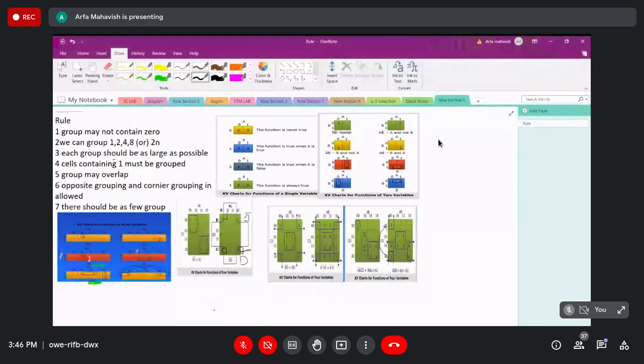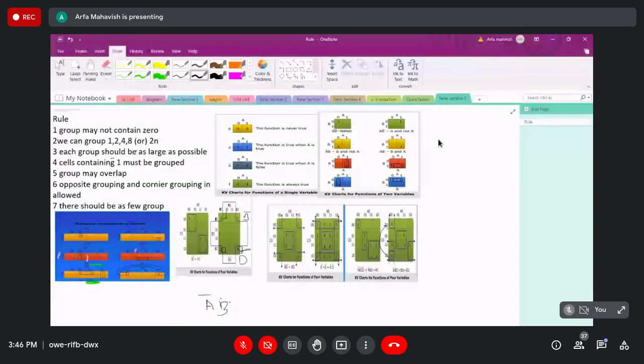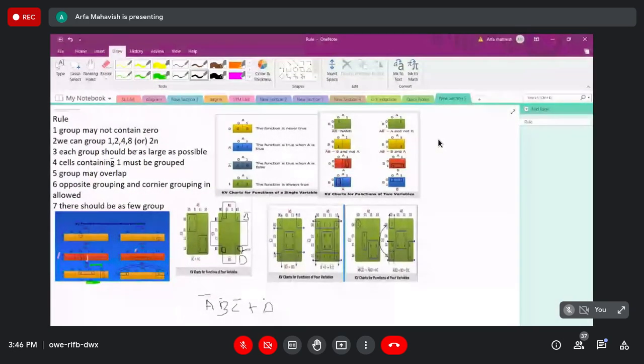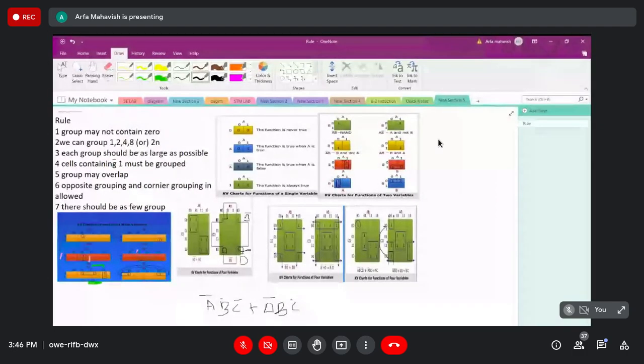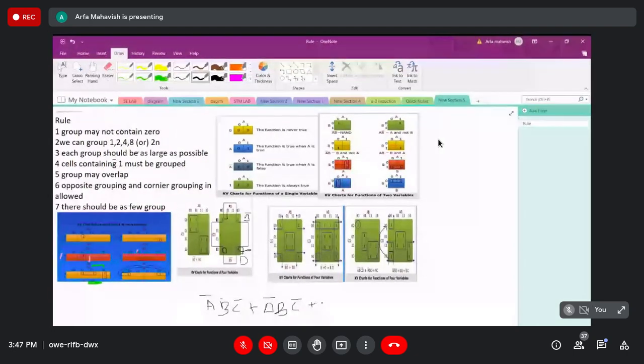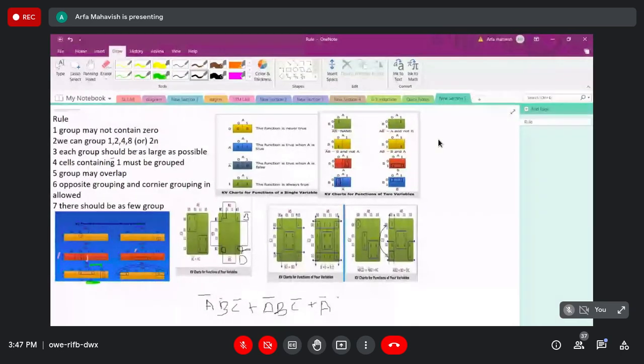A bar b bar c bar plus a bar b c bar plus a bar b.